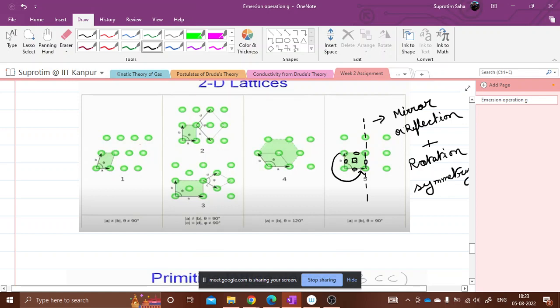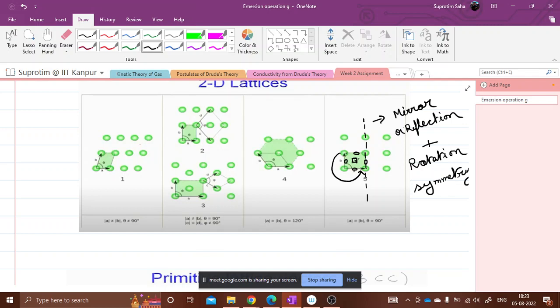And if this is your origin of inversion, you can always have an inversion in the 2D lattice. But the convention is such that you have to have a rotation and a reflection along with it. So you have to have a rotation in the 3D direction, that is the z direction.